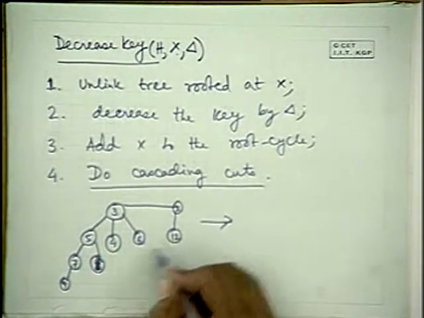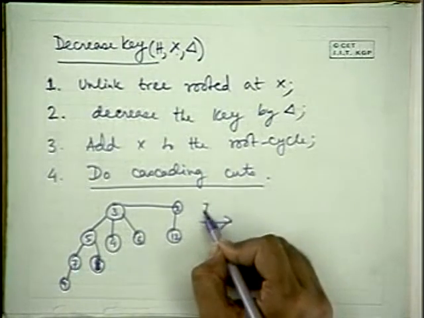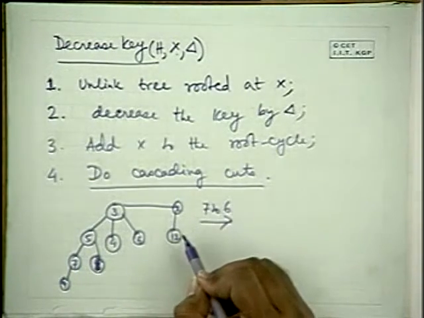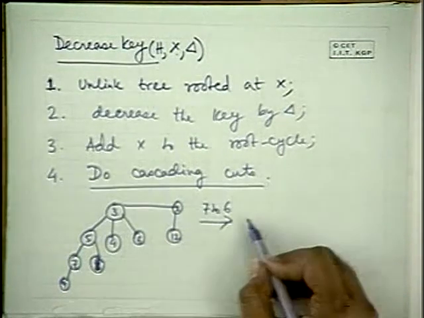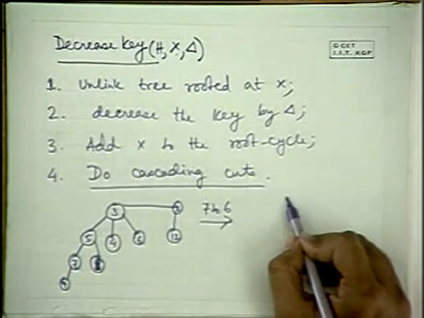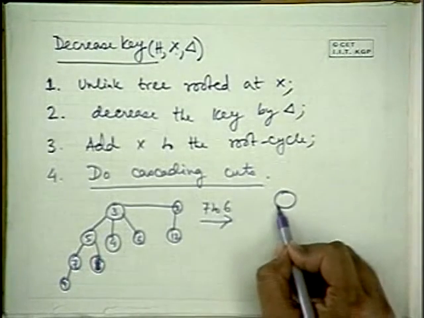Now suppose we are going to change 7 to 6. So we are decreasing the key value of 7 by 1, delta is 1. So what does it do? Ultimately the tree looks like this.